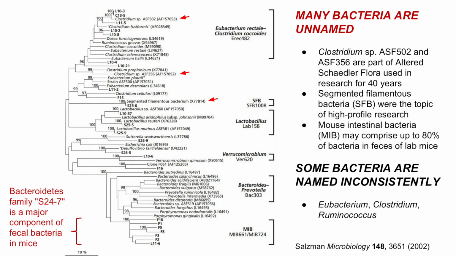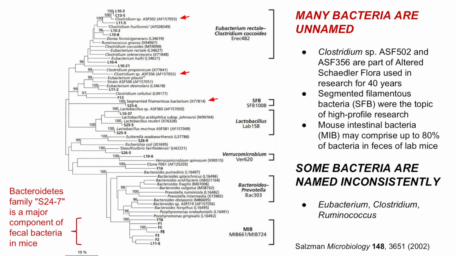And so that's been unnamed finally just last year in a big project. They finally isolated one strain from that clade. And so now we have one example that you can grow in the lab of this whole family of bacteria that can be about 80% of fecal bacteria in lab mice.